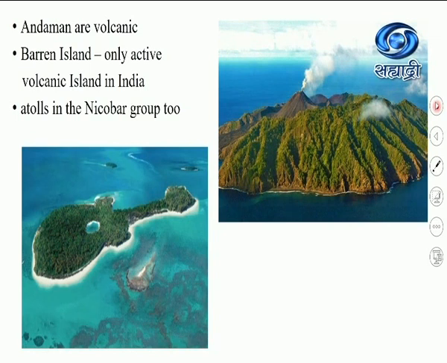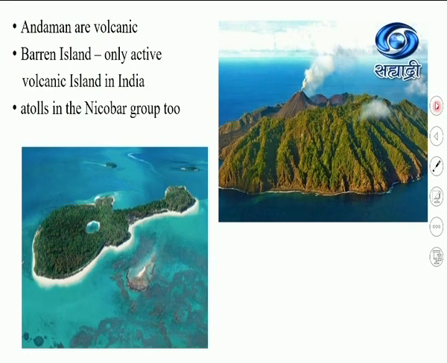Whatever plateau has been formed, the Deccan Plateau, was formed many, many years back because of the volcanic activity which had taken place. But otherwise, there are no such eruptions, no such chances of eruptions on the Indian subcontinent. Similarly, Barren Island is the only active volcanic island in India.